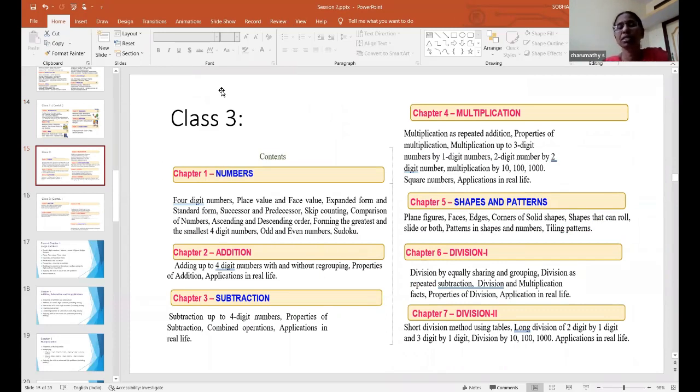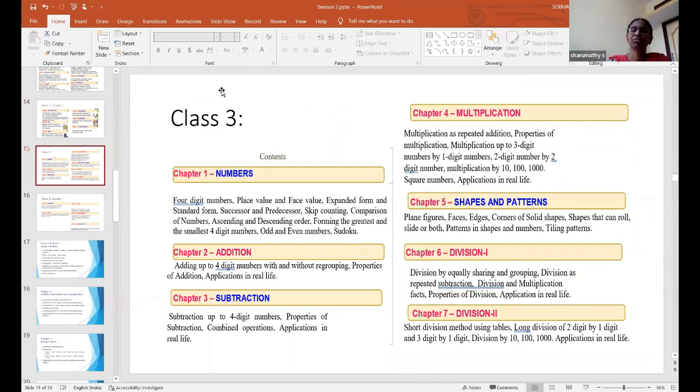The square numbers, of course, are our new try again. Children will be able to grasp very easily what square numbers are, and it will also be helpful for them when they move to higher classes. It's only up to 10, not more than that. 1 1s, 2 2s, 4 4s like that. Only up to 10 we have done that, not exceeding 10.